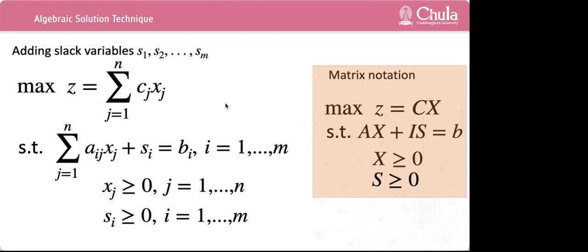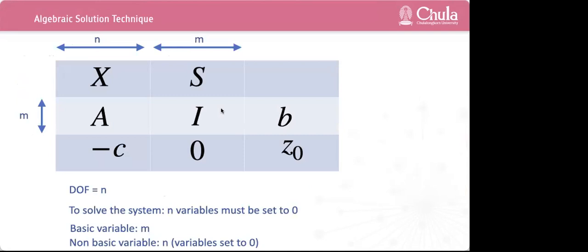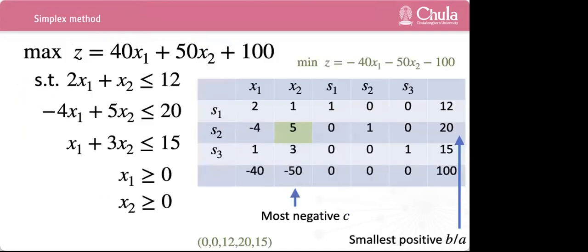The simplex method is quite easy and intuitive, but it's limited because we need to change the original linear programming problem into a specific form: on the right hand side we need positive values, and the relationship must be less than or equal.